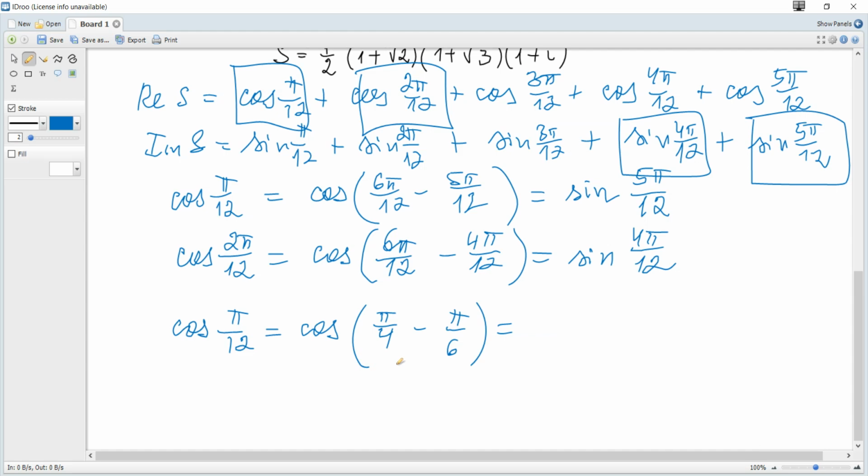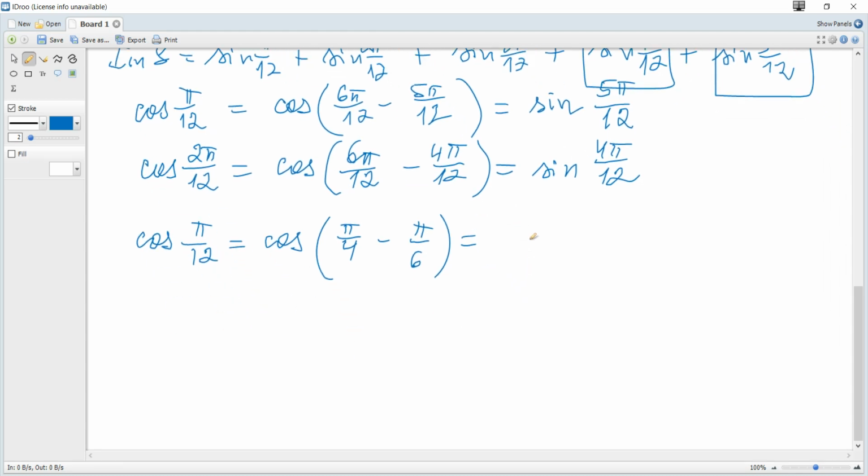We know the formulas for the sum or difference of cosine and sine, given in the data booklet, and cosine of the difference is cosine cosine plus sine sine. So it's cosine pi over 4 multiplied by cosine pi over 6 plus sine pi over 4 multiplied by sine pi over 6.